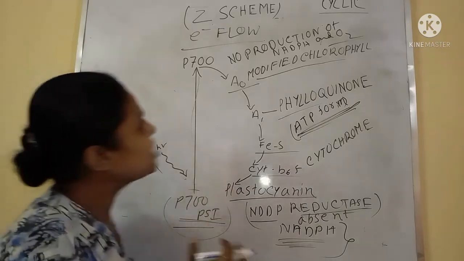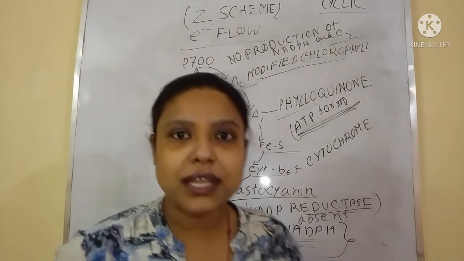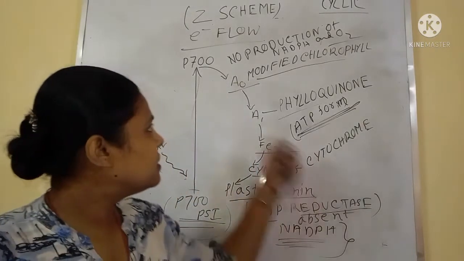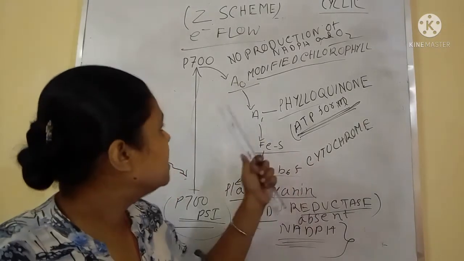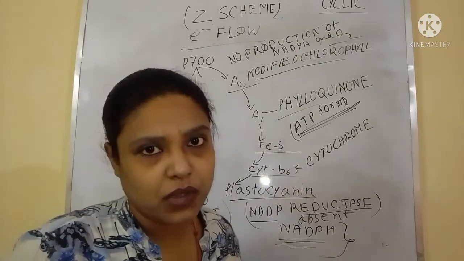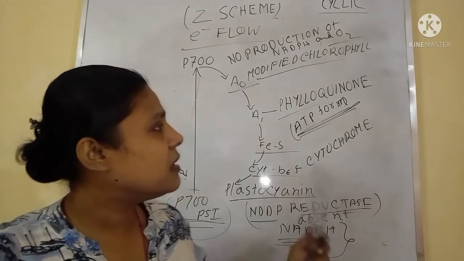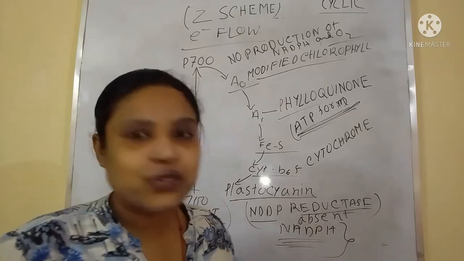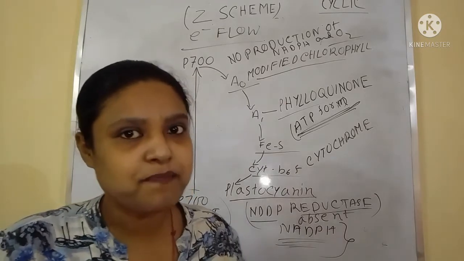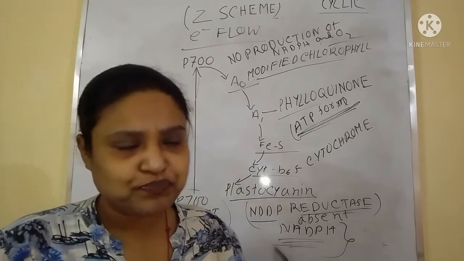This cyclic flow of electrons is possible when the NADPH concentration is high in the cell. Otherwise, generally the light reaction happens with the involvement of the two photosystems, 1 and 2.